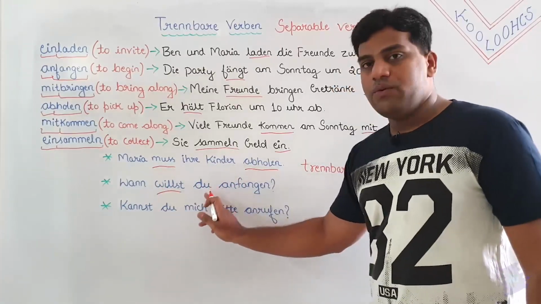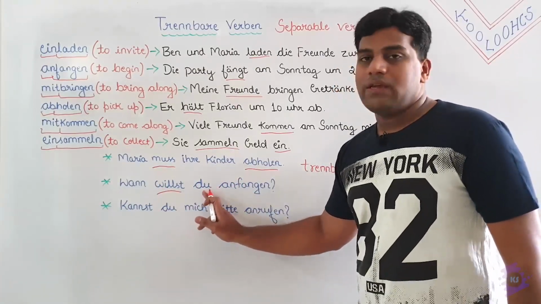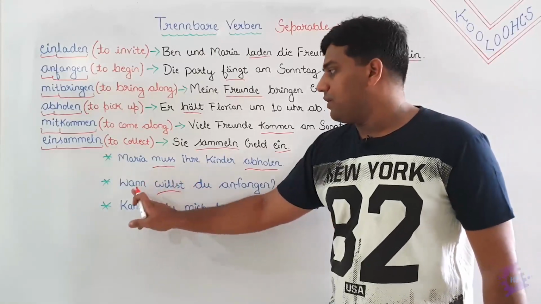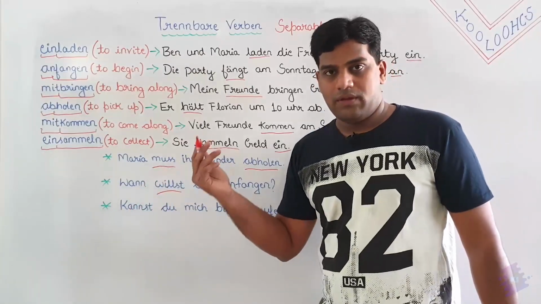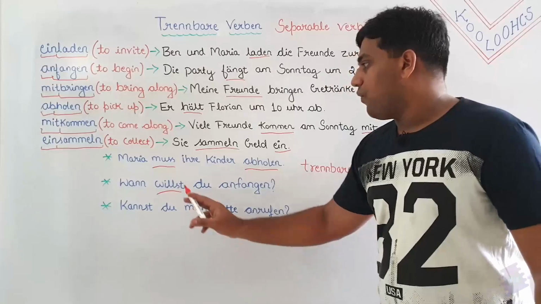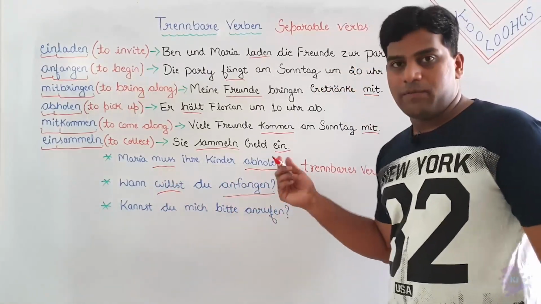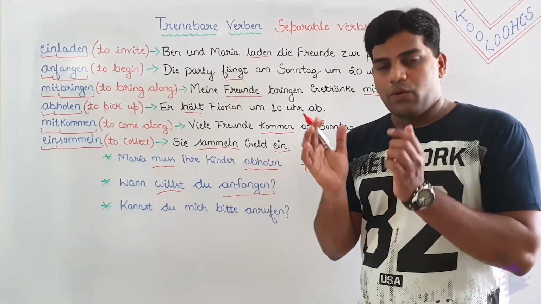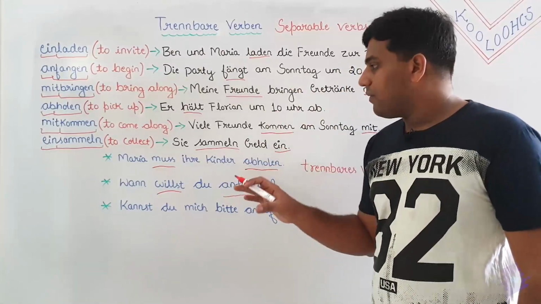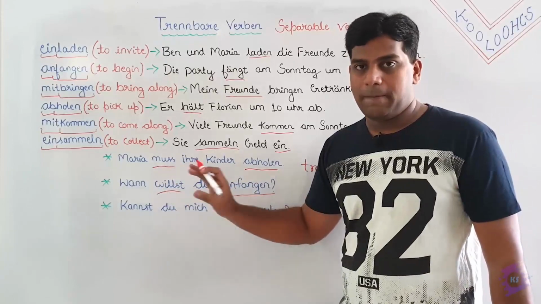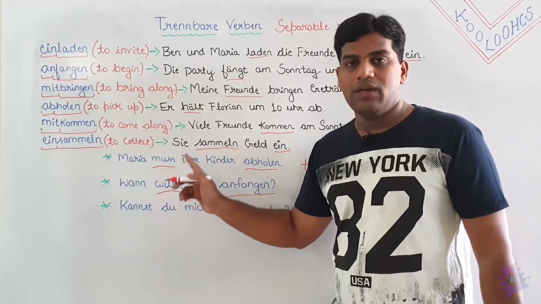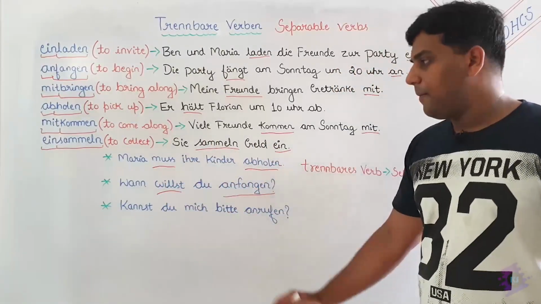So the subject is du. So here the subject you can keep in third position when you begin a question with a W word. So Wann willst du anfangen? Anfangen is to begin. It is a separable verb. You put the whole separable verb in the end because you are using a modal verb in the second position, and you are conjugating only the modal verb and not the separable verb.